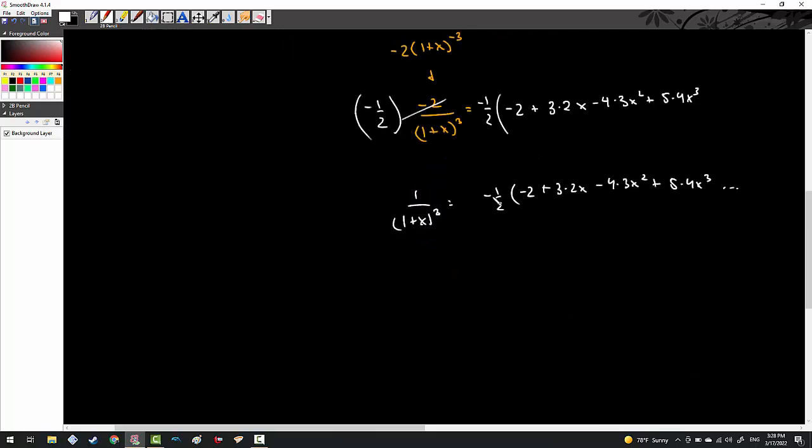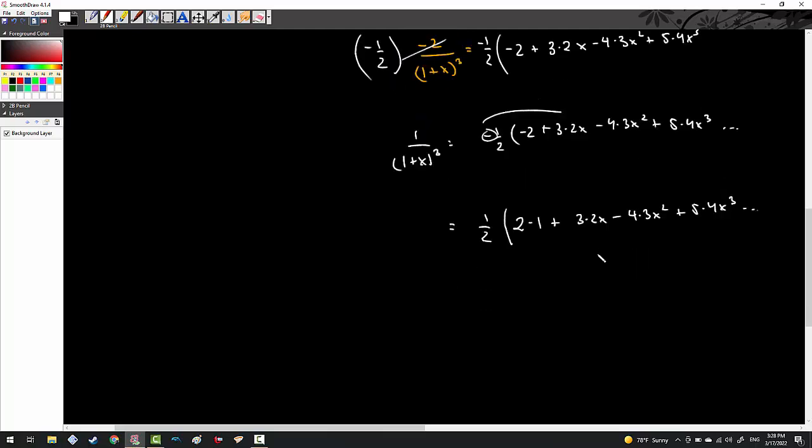I actually am going to just multiply the negative in and keep the 1/2 on the outside. So that's really going to be 1/2 times 2 plus 3 times 2x minus 4 times 3x squared plus 5 times 4x cubed, and so on. Now I'm going to call that 2 times 1 here because I want to establish this pattern.